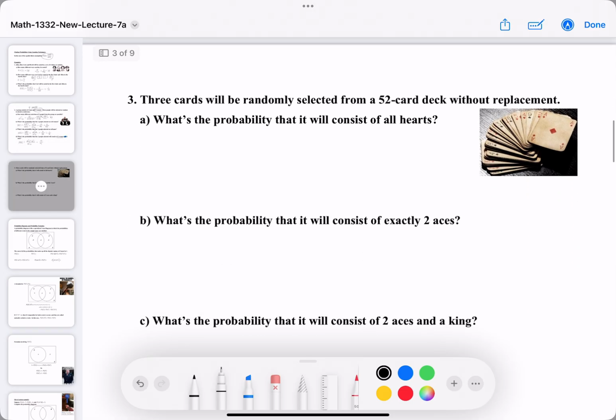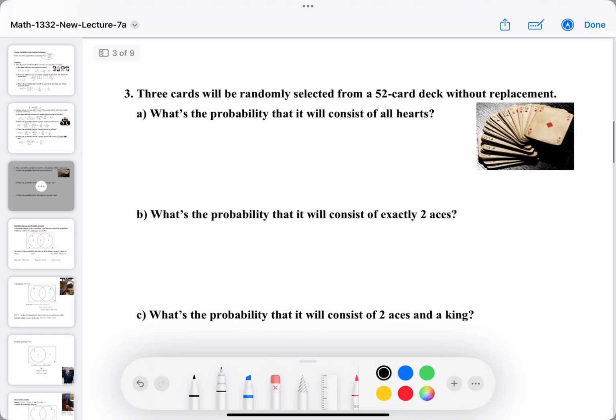Okay, let's see number 3. 3 cards will be randomly selected from a 52 card deck without replacement. What is the probability that they will consist of all hearts? So what does the 52 card deck look like? A 52 card deck doesn't have jokers. For example, we're starting from ace.